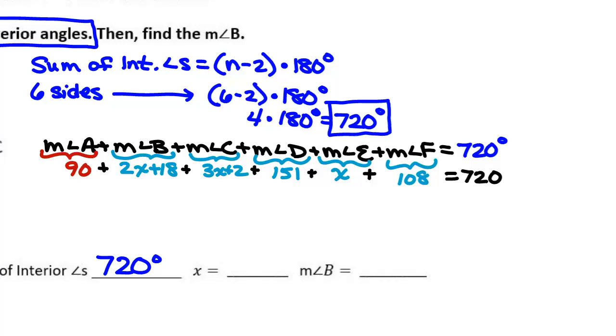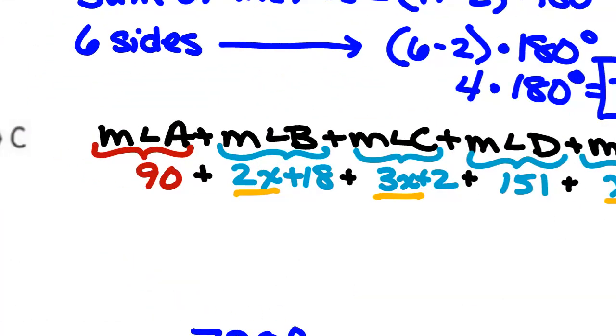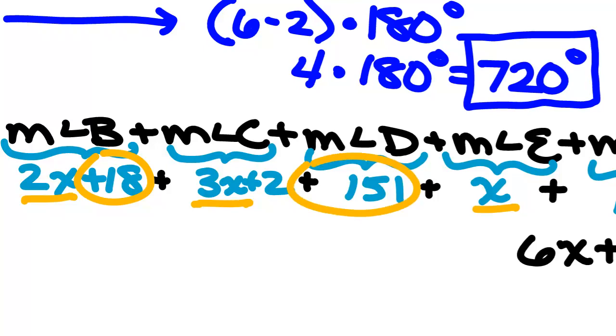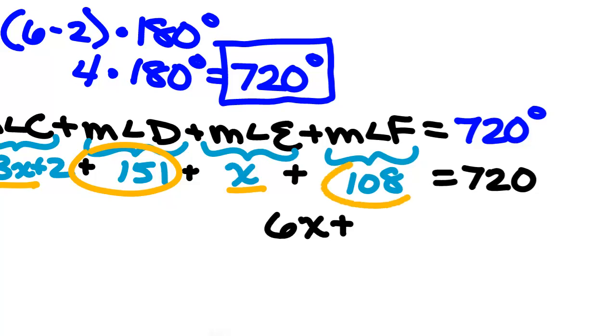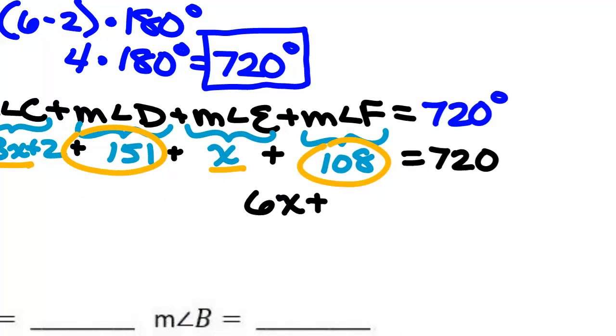Then we need to combine our like terms together. So here's 2x. 3 more would be 5x. And this one, so I have 6 x's altogether. And then I need to combine my constants together. So I have 90 plus 18, that would be 108, plus 151, so 259, plus 108, so 367, I think. Can somebody double check me?